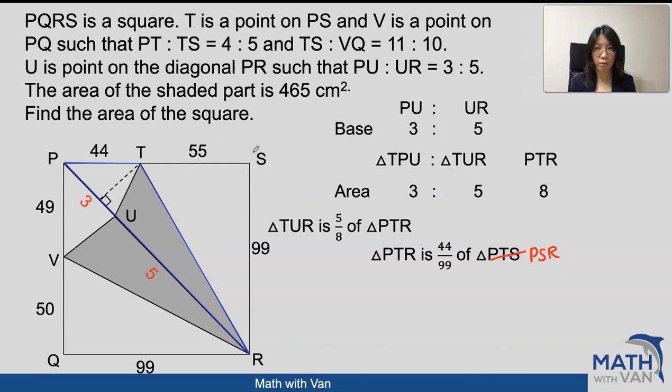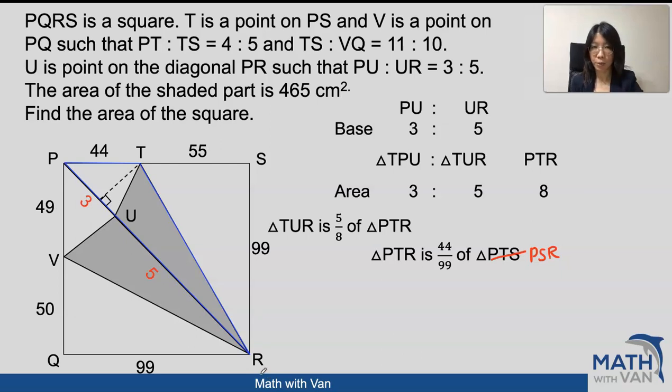And these two triangles share the same height, which is SR. So going by the same logic, the ratio of their bases is directly proportionate to the ratio of their areas. So as a fraction it is 44 out of 99 of PSR.